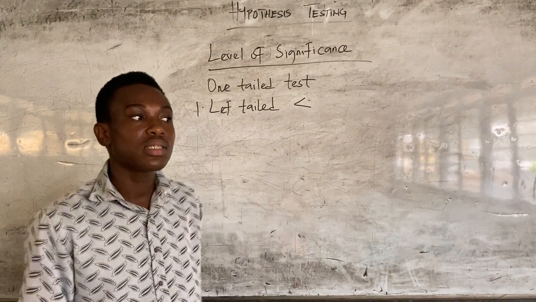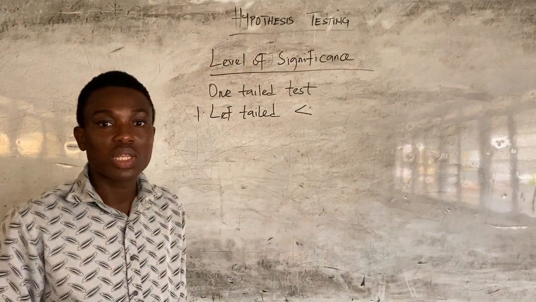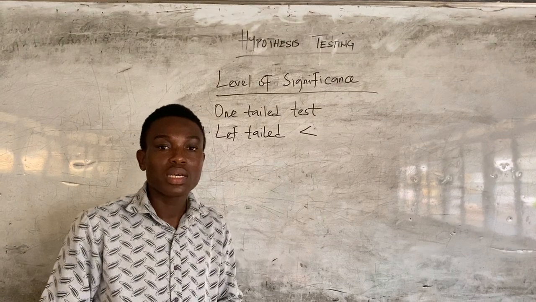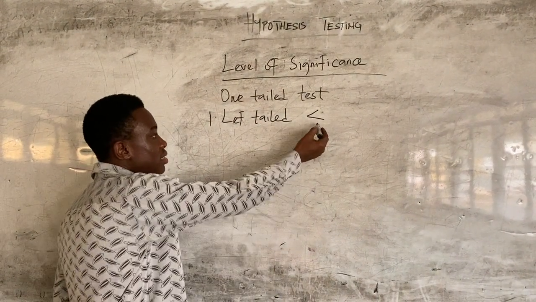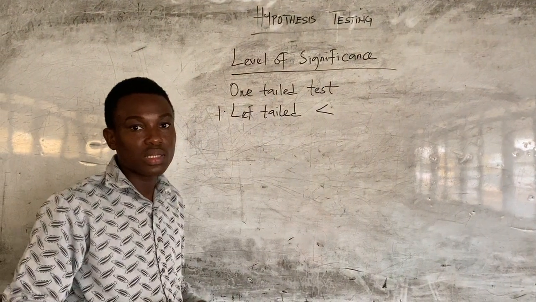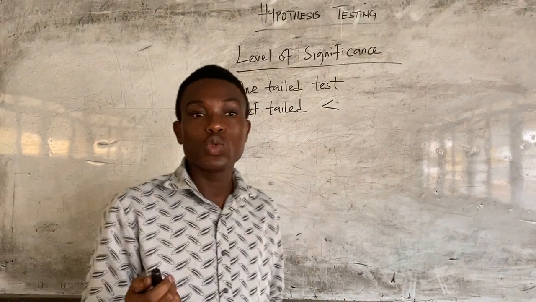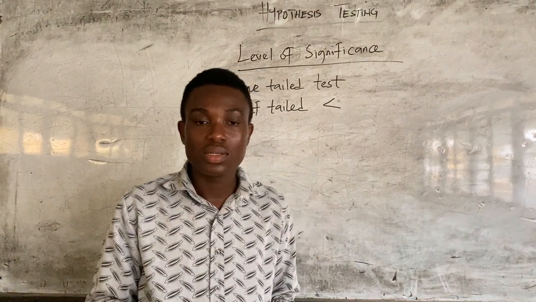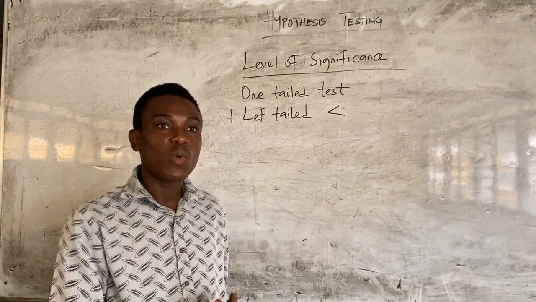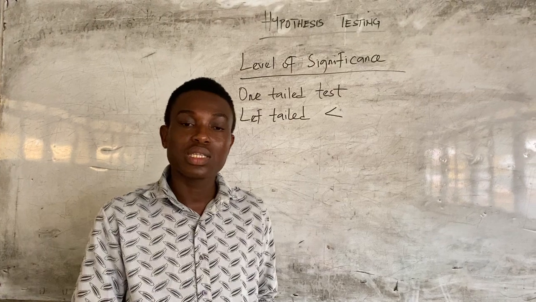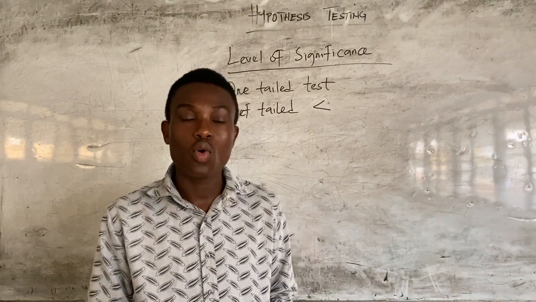So if you are stating the null and alternative hypothesis, after you've stated your alternative hypothesis, if you realize that the operation used in the alternative hypothesis is the less than, then that test is a left-tailed test. So first thing to note, the alternative hypothesis is used to determine the nature of the test, whether it is one-tailed or two-tailed. As we are dealing with one-tailed, the alternative hypothesis is used to determine whether the test is a left-tailed or a right-tailed.